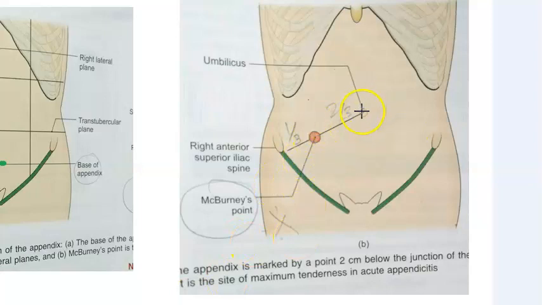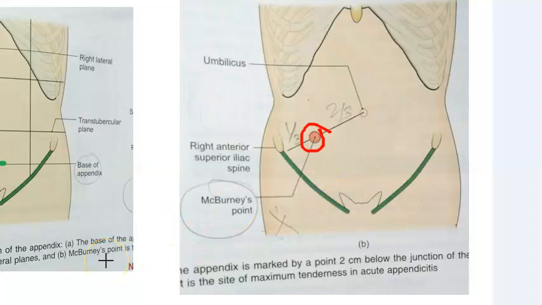You take the umbilicus and the right anterior superior iliac spine, and from the umbilicus to the right anterior superior iliac spine you divide 2/3 and 1/3, with 1/3 towards the right anterior superior iliac spine. That gives you McBurney's point. It is the site of maximum tenderness in case of appendicitis.